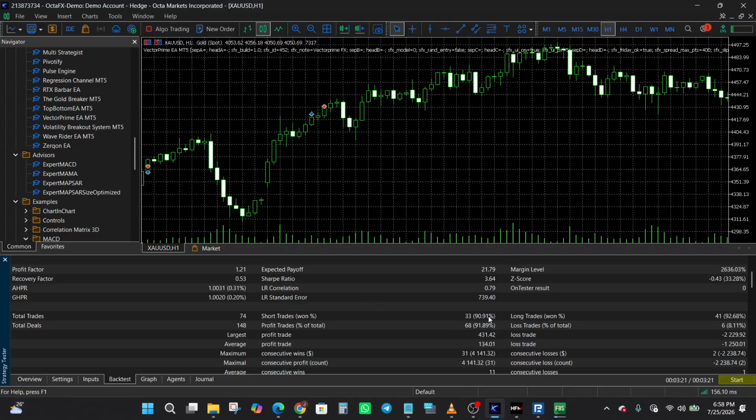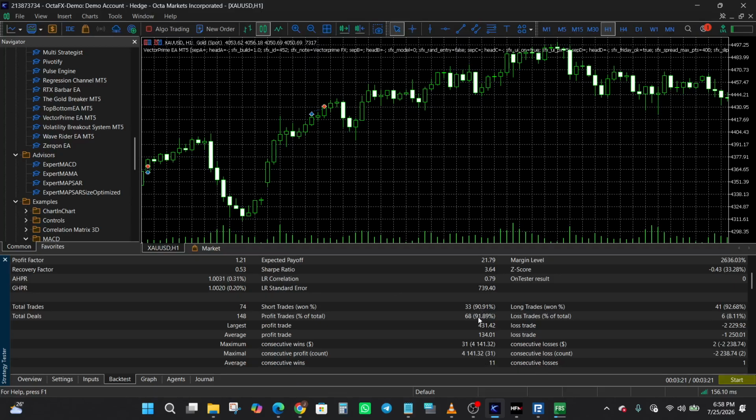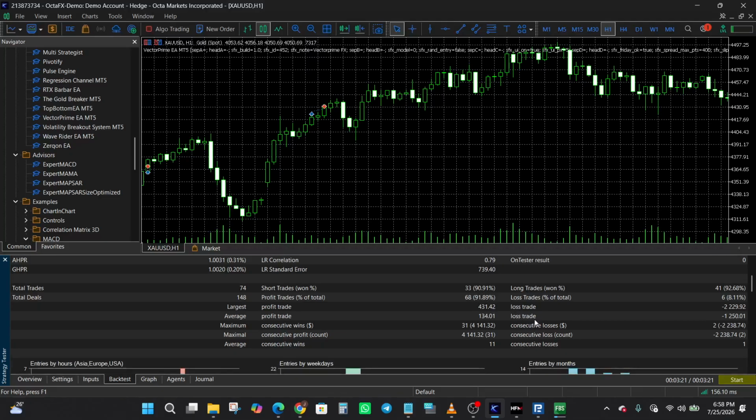But here is something worth being transparent about, though. Despite that high win rate, the largest single winning trade in this test was $431, while the largest single losing trade was $2,229, almost $2,230. It's more than 5 times larger than the profit.